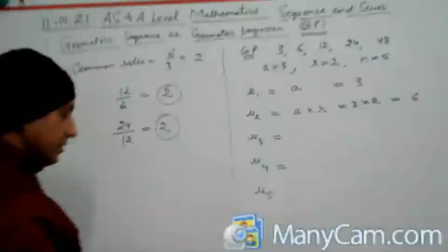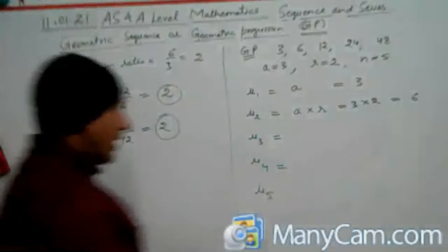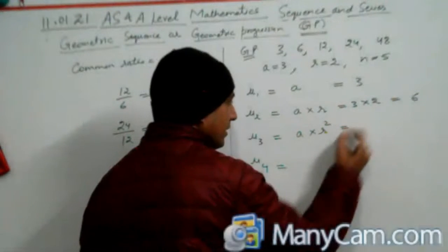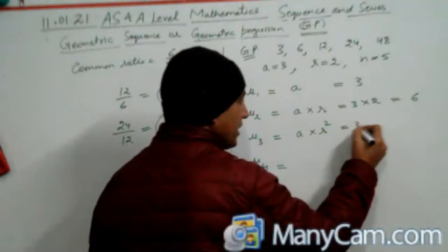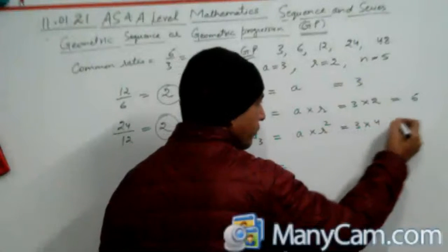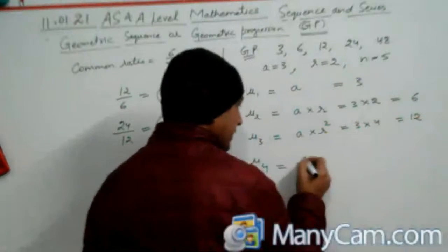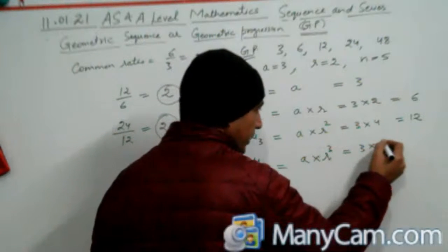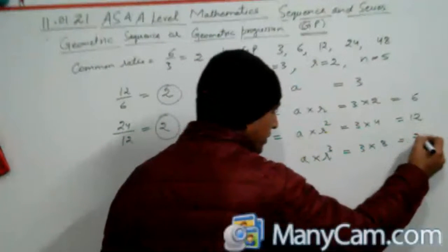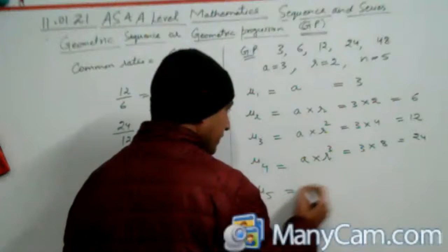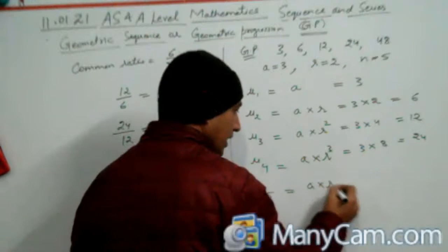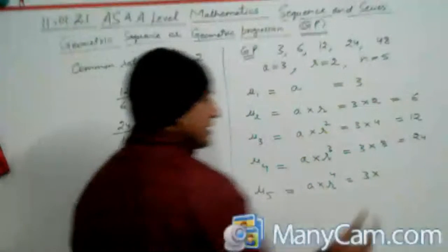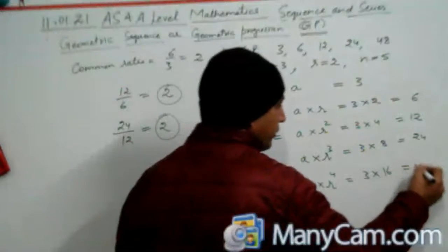The third term is A into R square, that is 3 into 4, 12. The fourth term is A into R cube, 3 into 8, that is 24. And the fifth term is A into R raised to power 4, that is 3 into 16, that is 48.